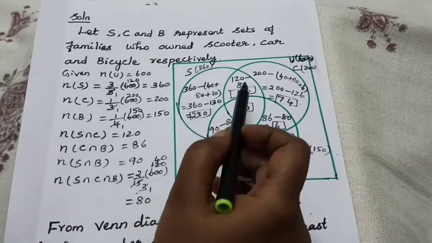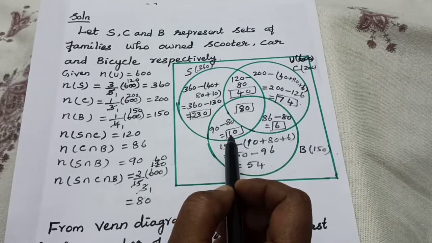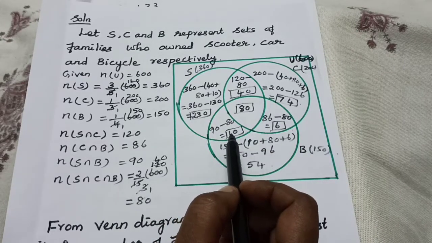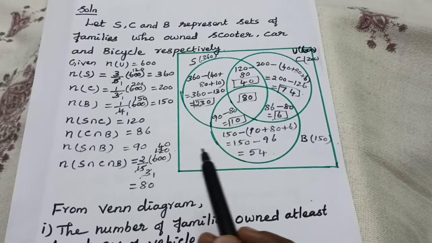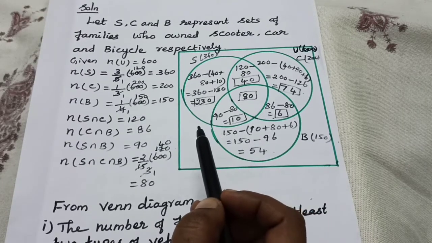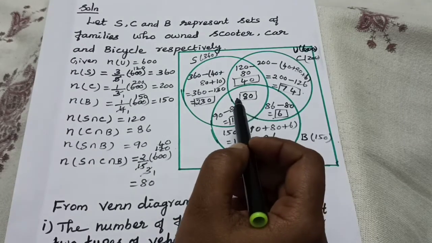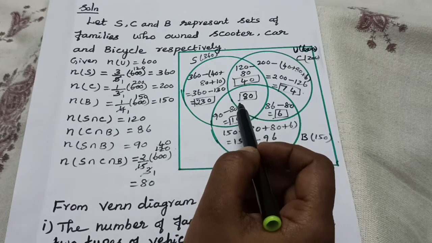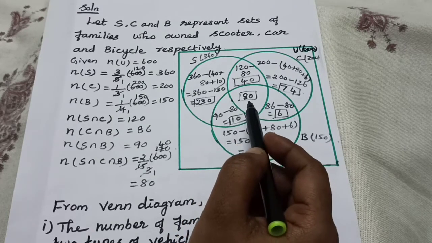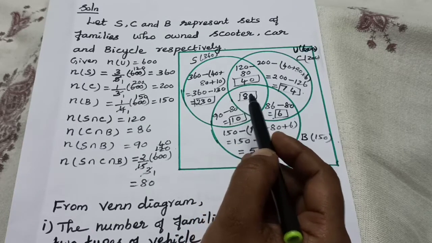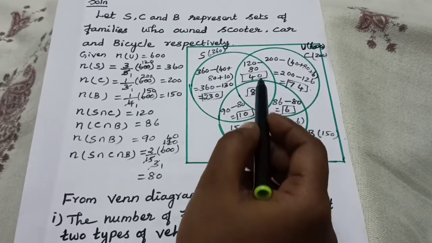2 types means this 46 and 10 we can add, isn't it? But here at least means then minimum what? 2 types. Then 3 also we can take, isn't it? No, at least. Then 3 also we can take.